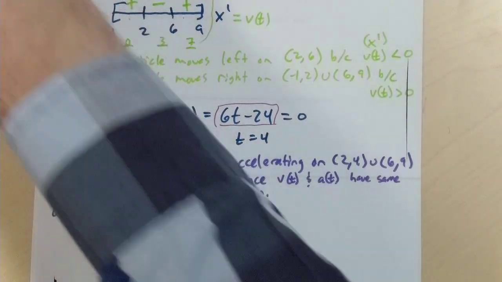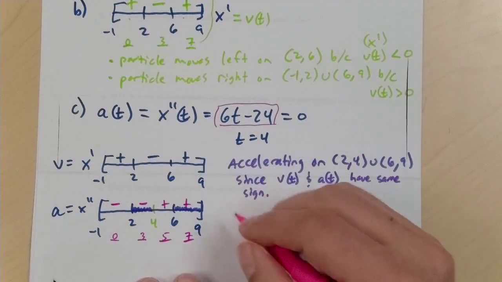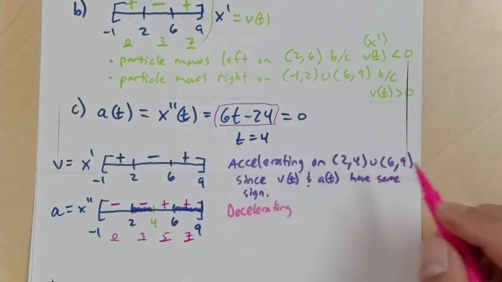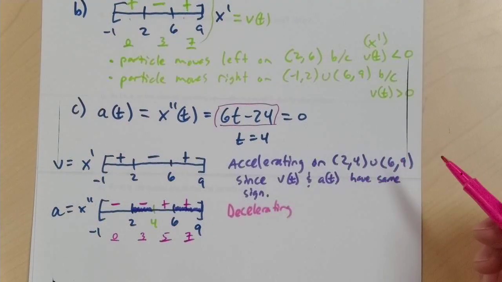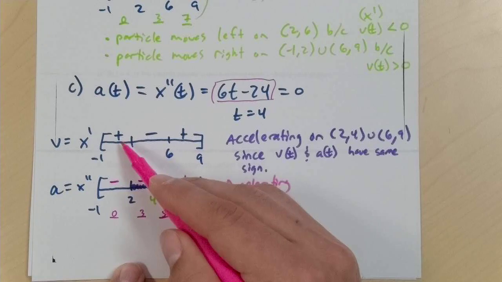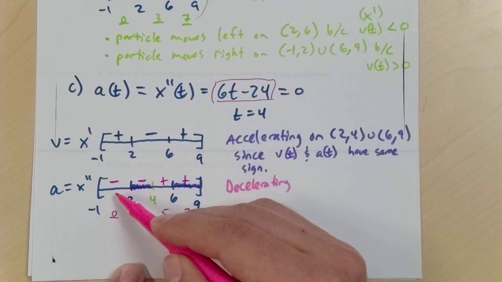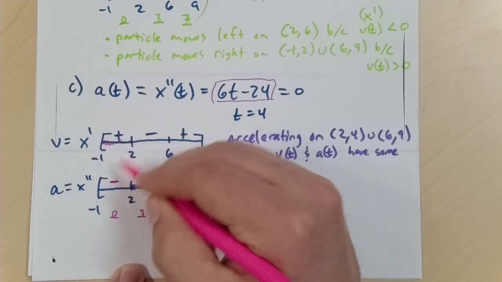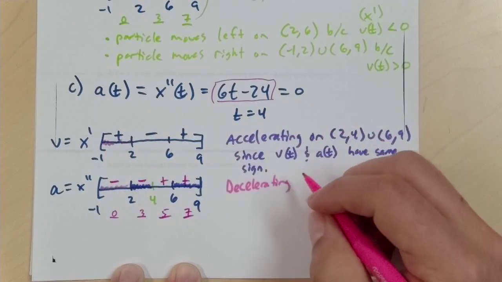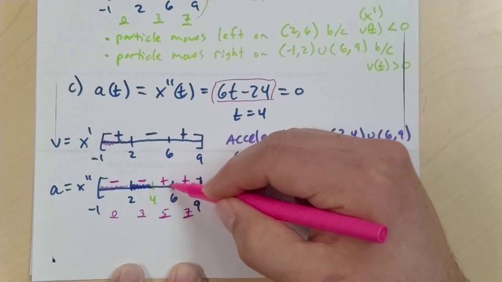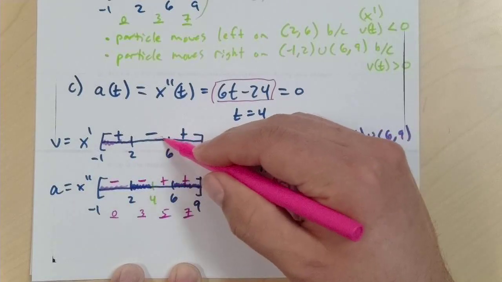And now let's do decelerating. So for decelerating, we want opposite signs. And you can see that from negative 1 to 2, we have velocity positive, acceleration negative. So right here, okay, we have opposite signs. And also from 4 to 6, we have positive acceleration, but right here we have a negative velocity.